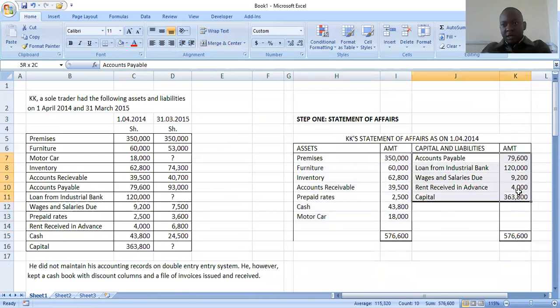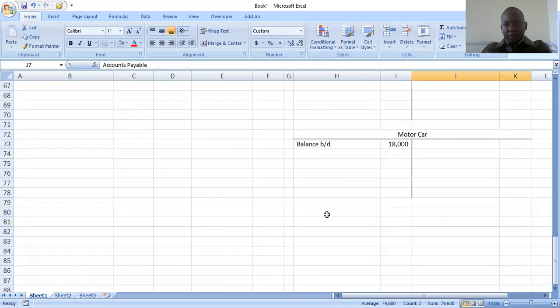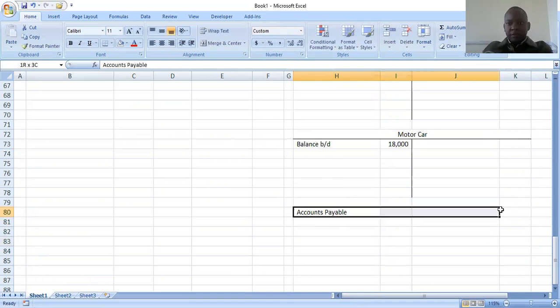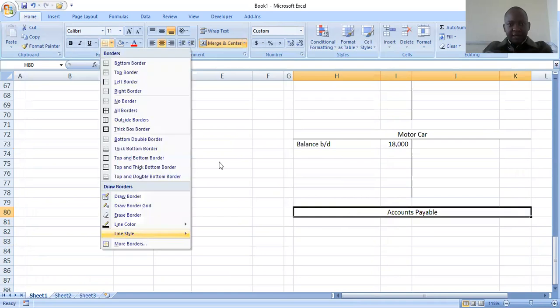Then we move to the credit side, the capital and liability side of the statement of affairs. The other account we have is accounts payable, so you open an account for accounts payable. Accounts payable is the other name for creditors.